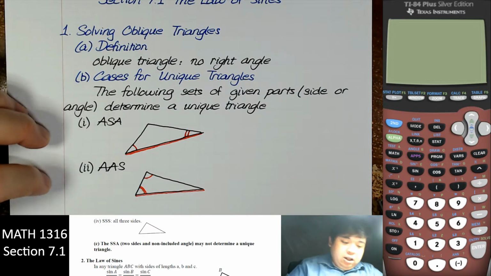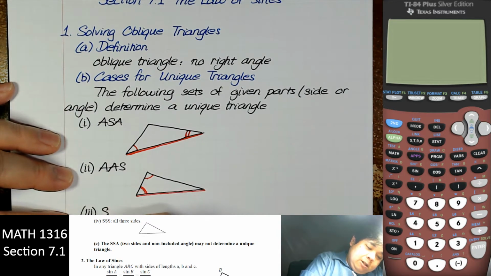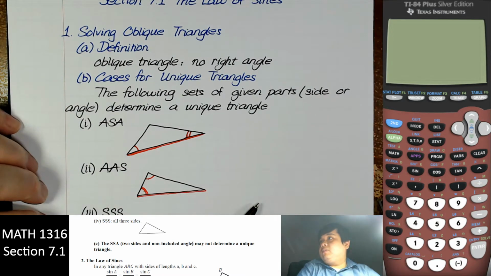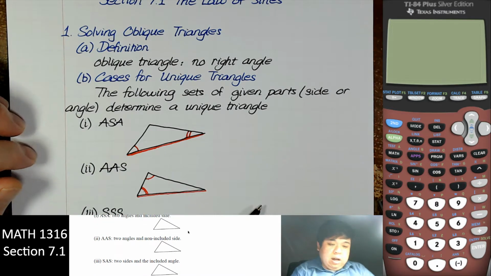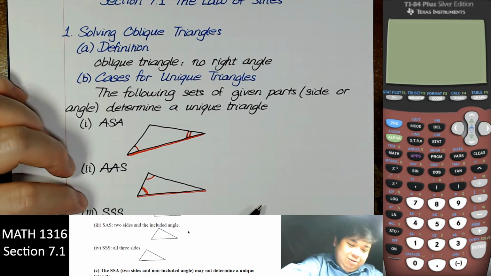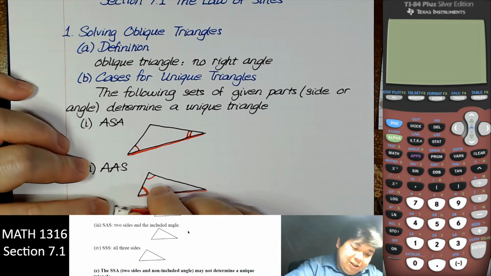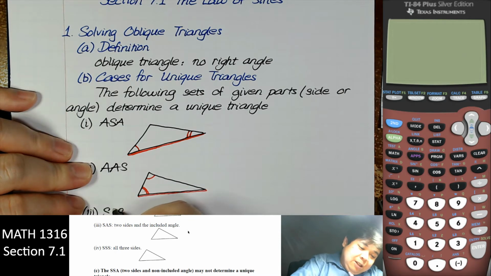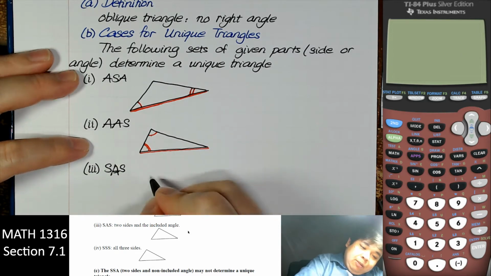Next, side, angle, side. So we have a triangle.